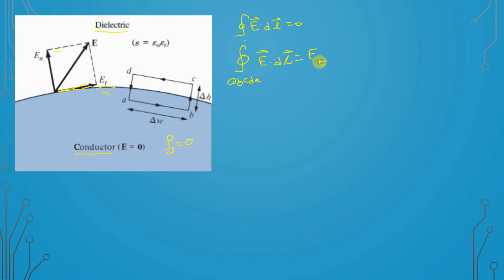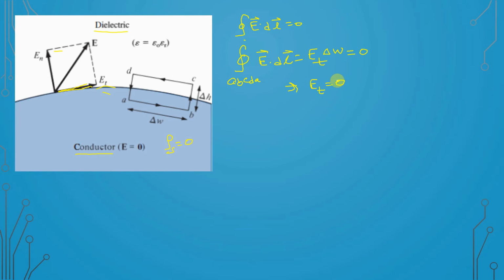So Et delta w is equal to 0. So it implies that Et is equal to 0. So the tangential component of electric field on a conductor-dielectric interface is equal to 0.